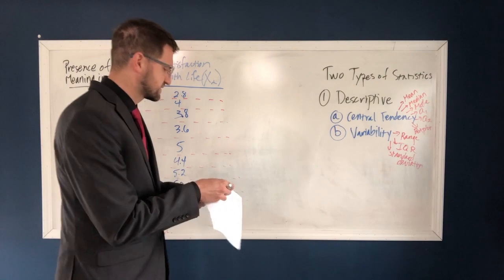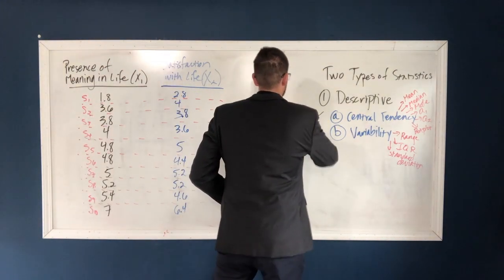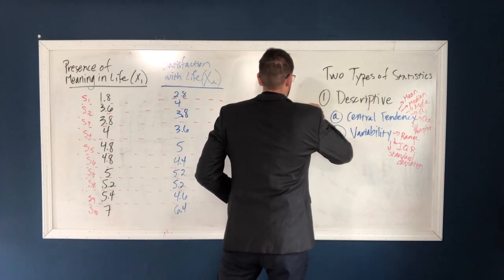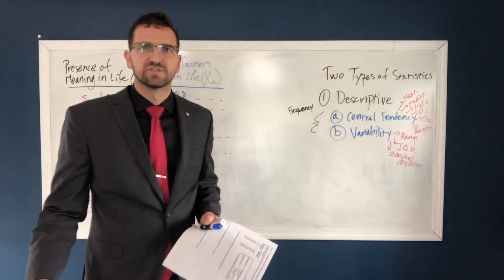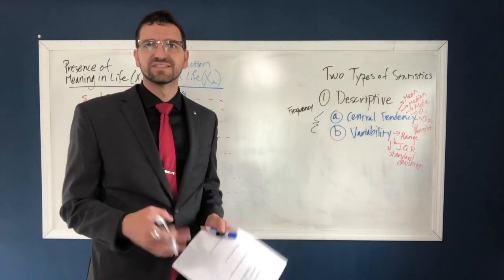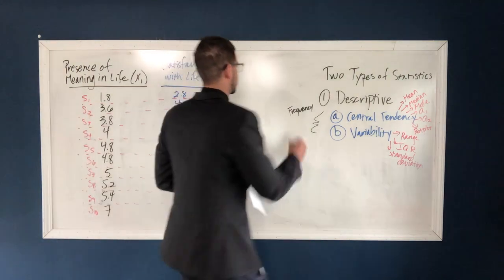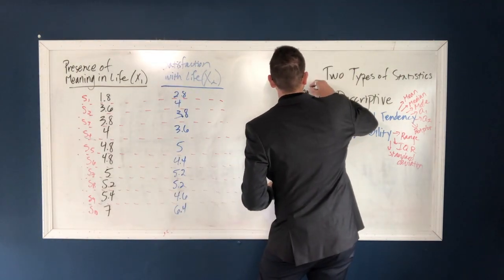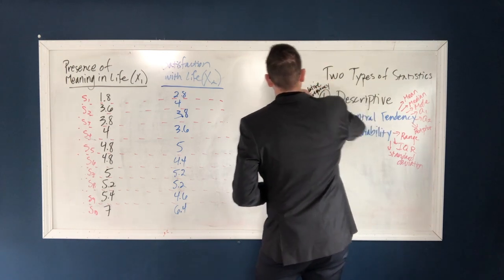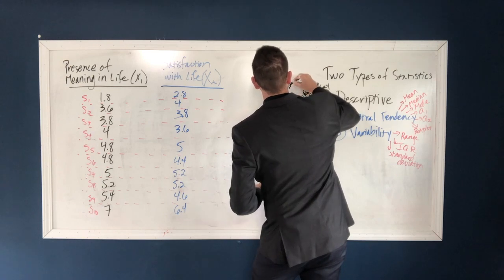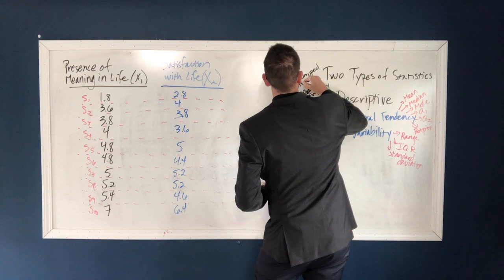So what we also have going on here under descriptive statistics is we can throw in the concept of frequency. If you remember from our frequency lecture, which was chapter 2, frequency gives us a rough understanding of central tendency and variability. But with frequency, we did relative frequency, simple and grouped frequency.